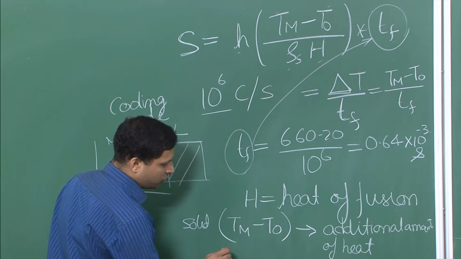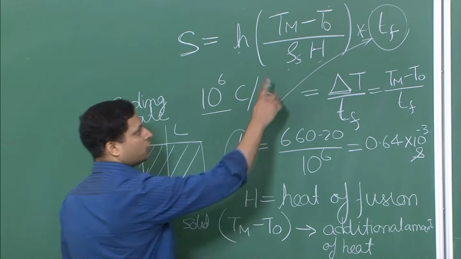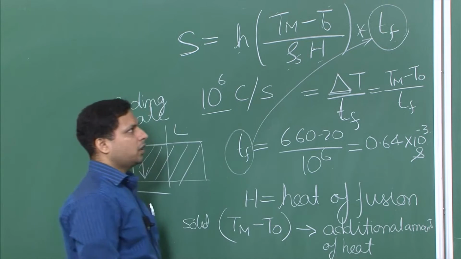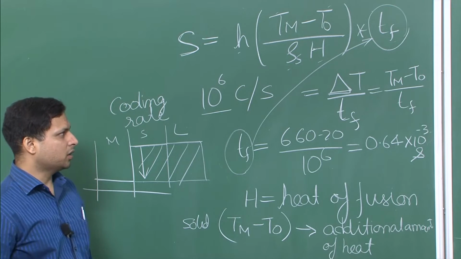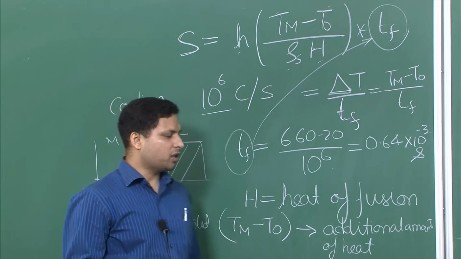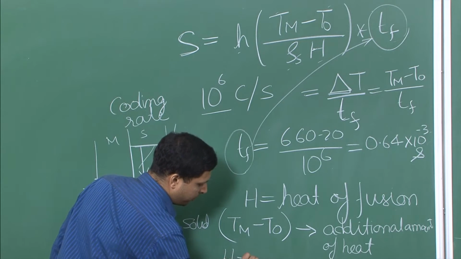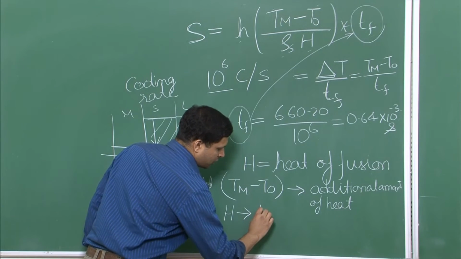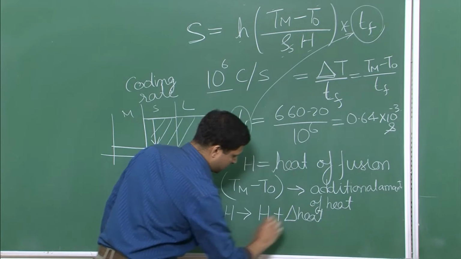So how do we take into account that additional amount of heat? In the original equation there was no way to include it, but since we are taking some approximations, we can say this H can be replaced by H plus delta heat. And what is that delta heat?